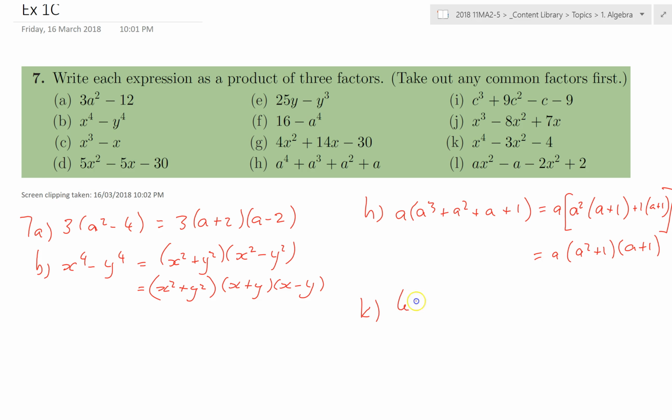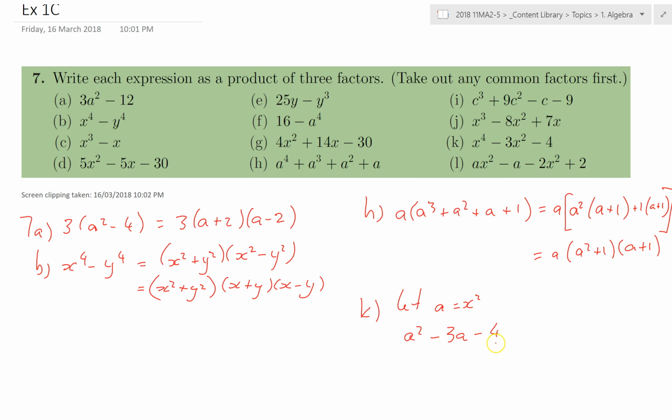Let a equal x squared. Then this is a squared minus 3a minus 4. It's just to help us see that this is x squared squared. So instead of getting a pair of x's inside our brackets, we can have x squareds.